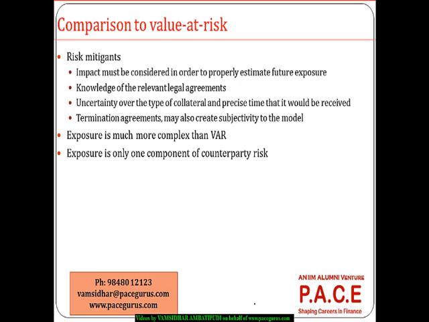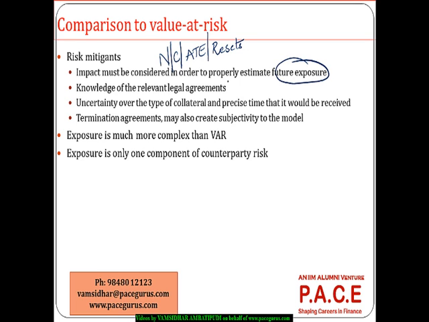And even the risk mitigants, right? Whether it is netting, collateral, or any other additional termination events, or readjustments, resets, all these things, which are the different forms of risk mitigants, their impact needs to be considered if at all I have to come out with a better future exposure.